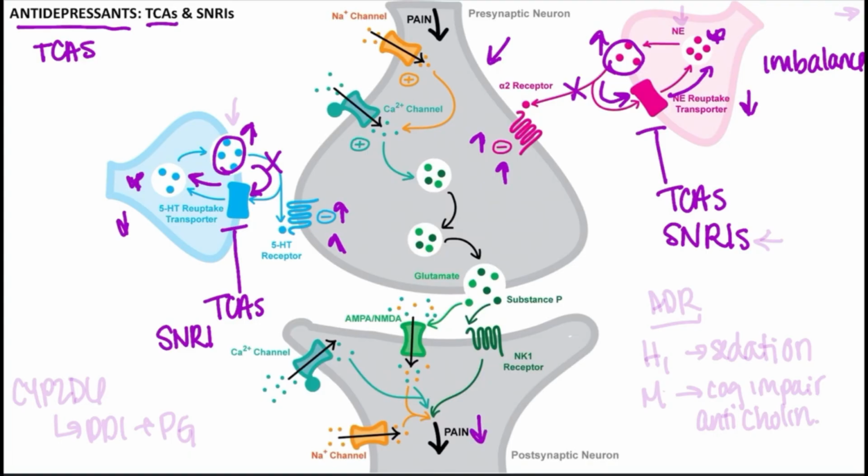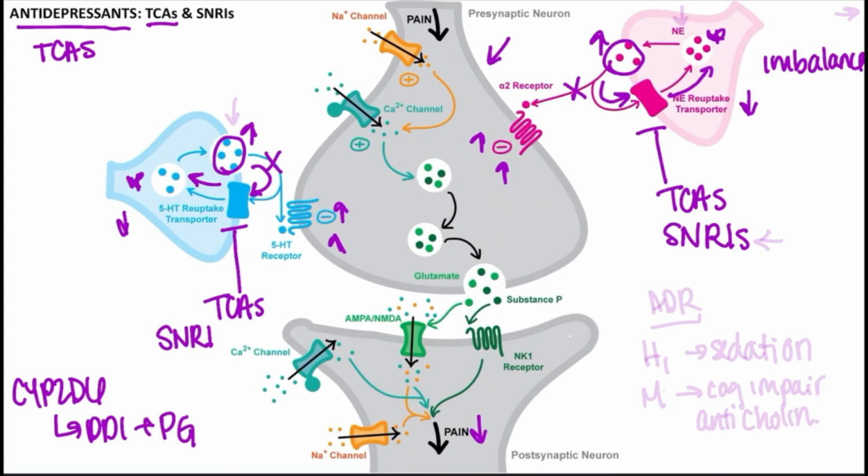So not only do these two classes share the same mechanism of action, they also share a common metabolic pathway via CYP2D6, which, remember, has the potential to be affected with drug-drug interactions as well as pharmacogenomic considerations. They are generally started low and titrated up, and if they need to be discontinued, patients have to be tapered off of these to avoid withdrawal symptoms.